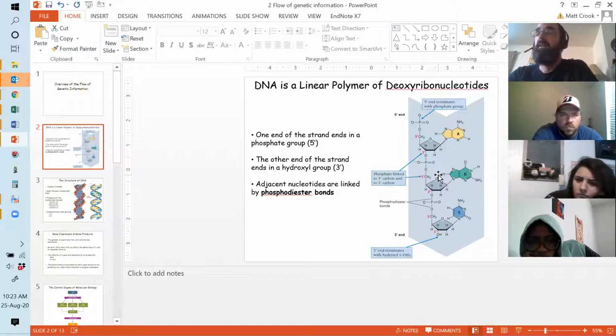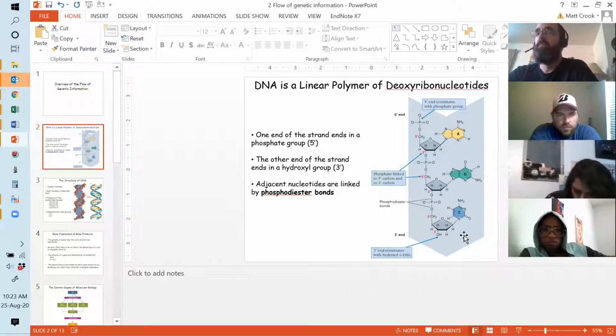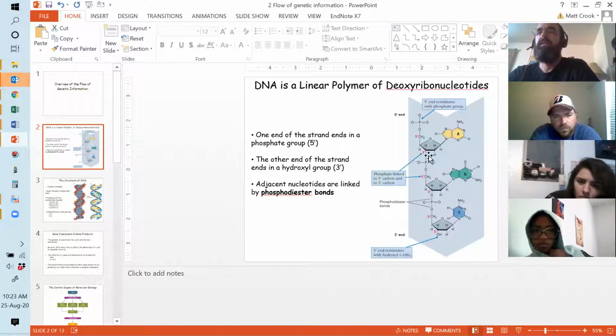Well, anyway, they have a negative charge, right? And this is really important when we get into chromatin formation later on in the course, because that's part of how DNA wraps itself around histones. Another thing which is super, super important is that DNA has directionality.